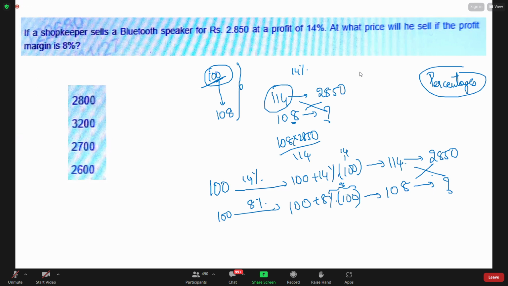Sharon, are you confused with this part or this part or this part? Let me write down the numbers 1, 2, 3. Sharon, you understood now?